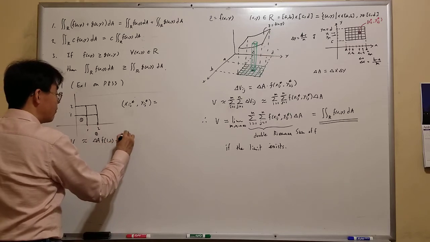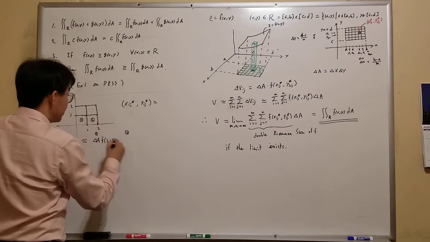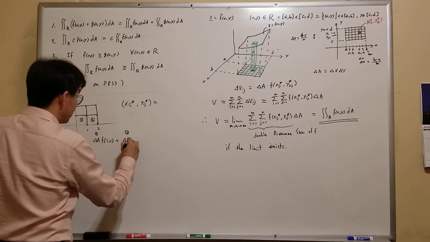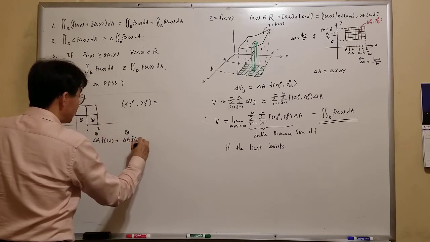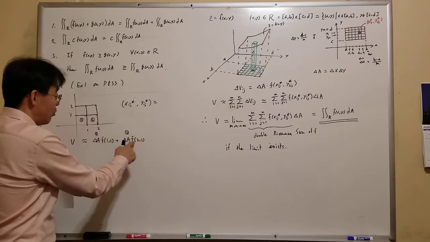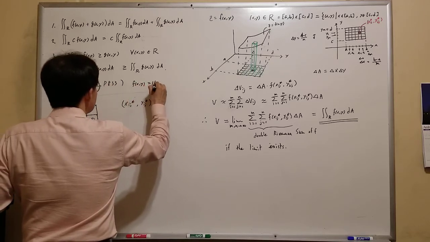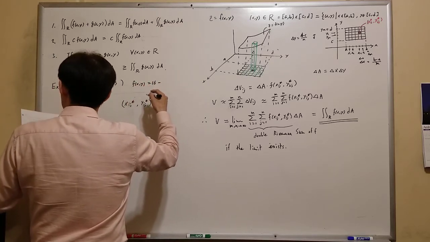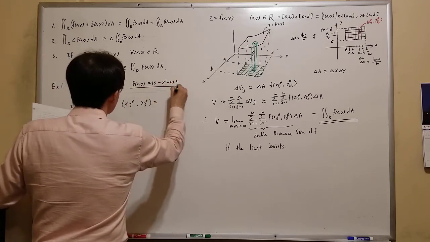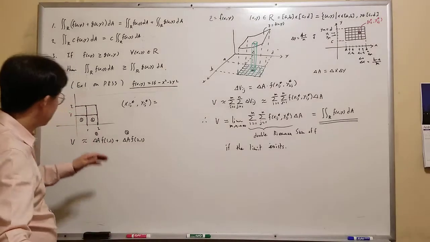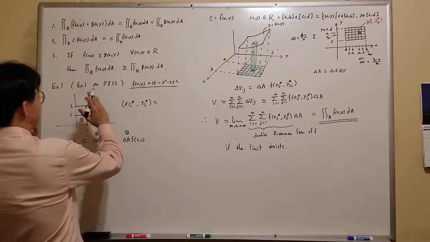The volume from the second region is the base area times the function value at 2, 1. Your function value is 16 minus x squared minus 2y squared. This is an elliptic paraboloid starting from 0, 0, 16 going down like this.